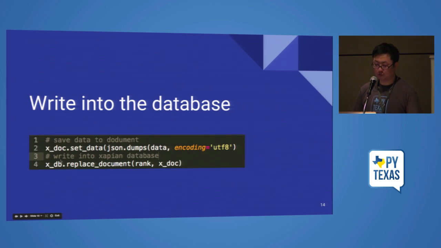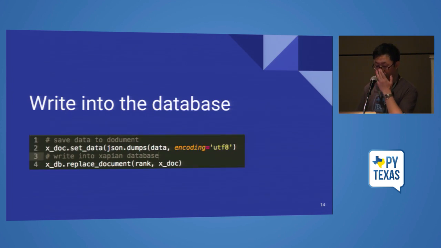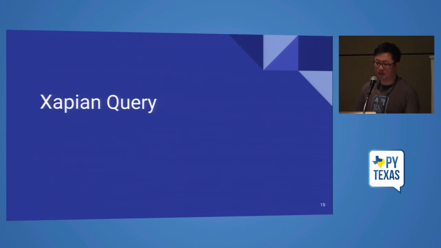In the end, we want to write this document, this movie, into the Xapian database, so we call replace document. If there is an existing document with this ID, it will update. Otherwise, it will insert a new document into the database. We run this for each movie and we build the database.